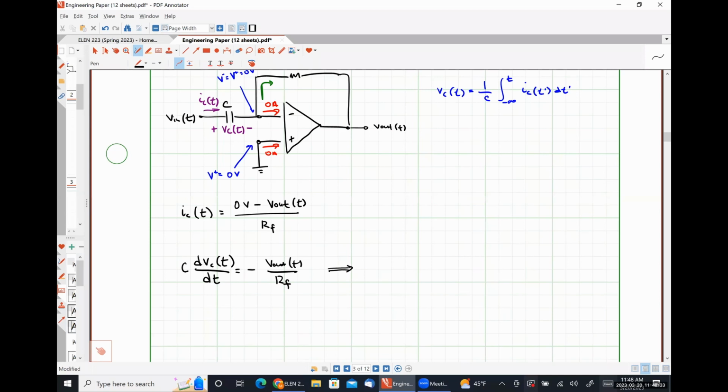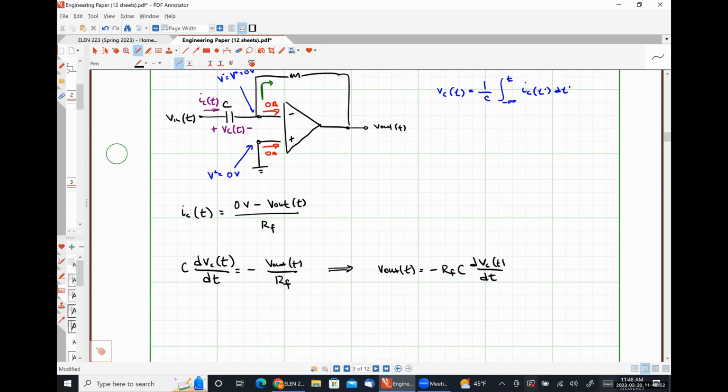And I'm just going to rearrange things really slightly and say that V out will be equal to negative RF times C times the derivative of my capacitor voltage.